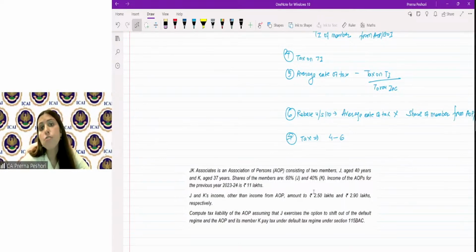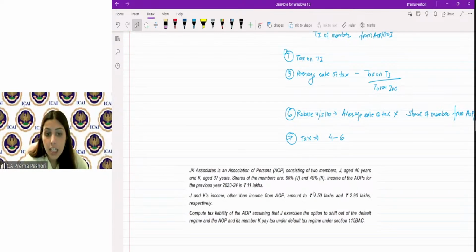For that, you need to see which regime you are opting in because the slabs are different under the two regimes. For J, he is going as per the normal provisions, and for K, he is going as per the 115 BAC. So for J, it does not exceed 2.5 lakh.